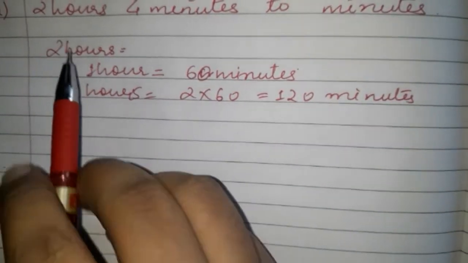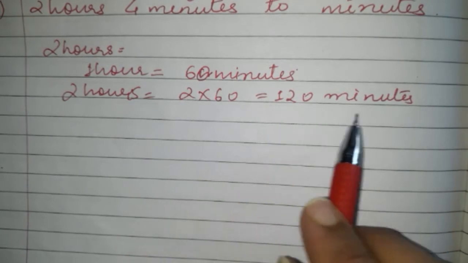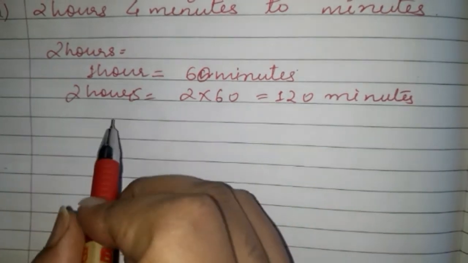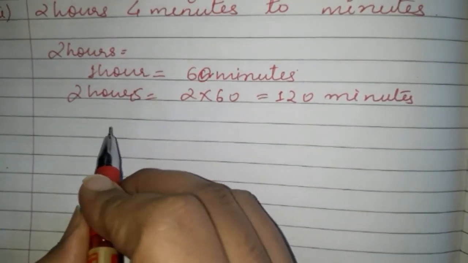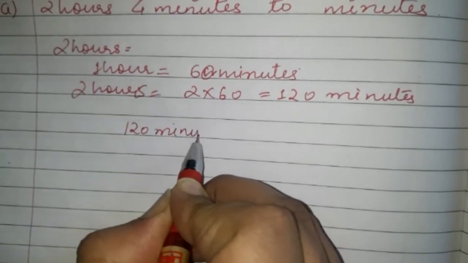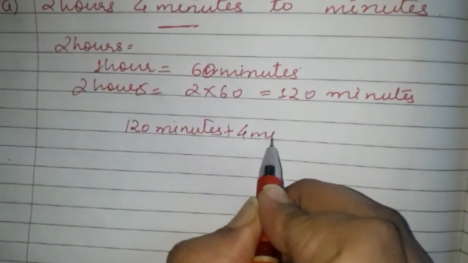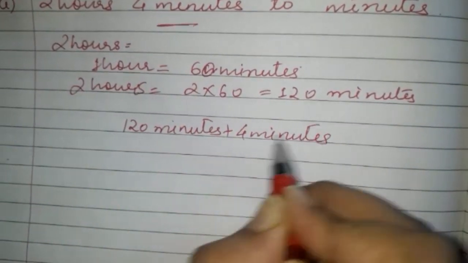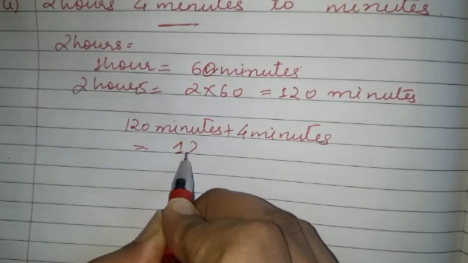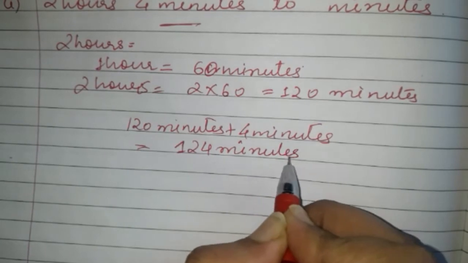Now we have converted these 2 hours into minutes, and that becomes 120 minutes. Now we'll add both the numbers which have the same units, that is 120 minutes plus these 4 minutes. That will become 124 minutes.